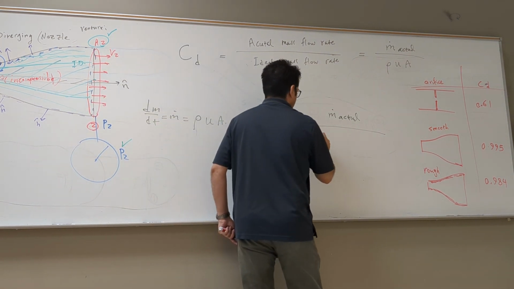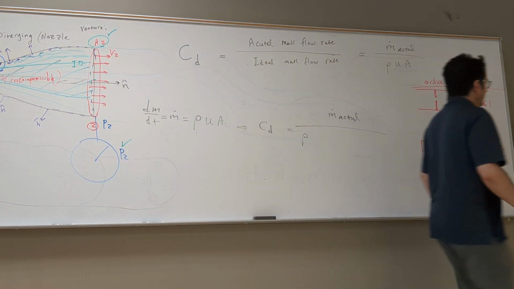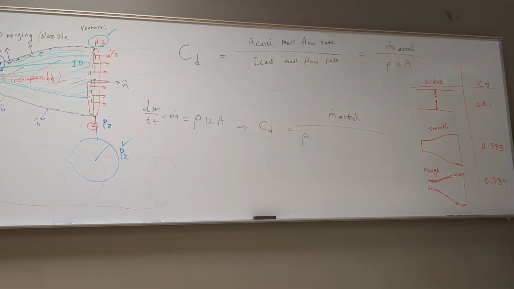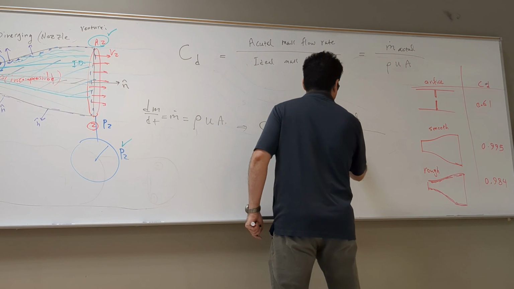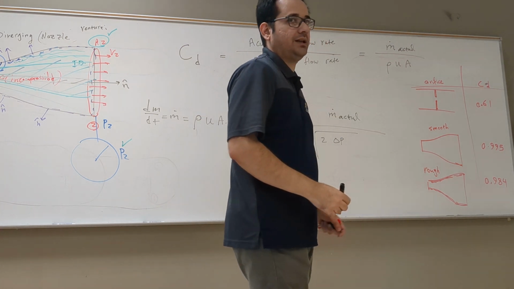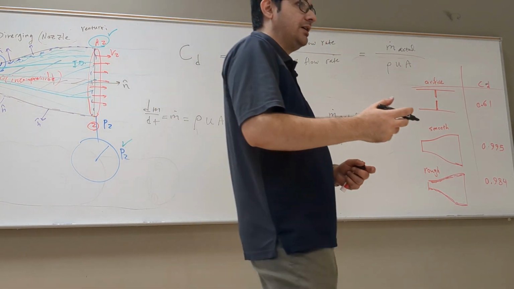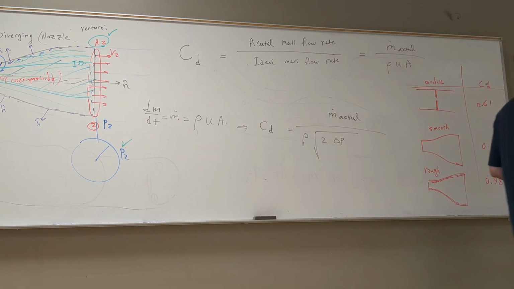So instead of u, I'll put the square root of 2 delta P, which is P2 minus P1. That term we say delta P. Why? Because usually the instruments we have measure the pressure difference. They don't measure the pressure at a point.